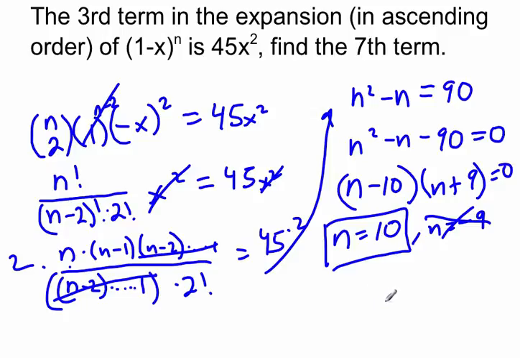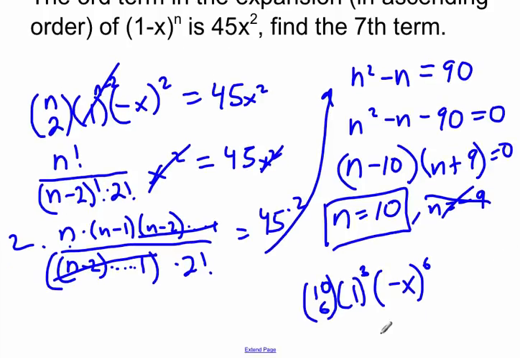Be careful though, the seventh term is going to be your x to the power of 6 term. Okay, because you start off at the power of 0 and then you go all the way up to the power of 6. So that's going to be negative x to the power of 6. And well, 1 to the power of, these numbers should add up to 10. And we're going to have 10 choose 6. Okay, so we'll need to work that out.